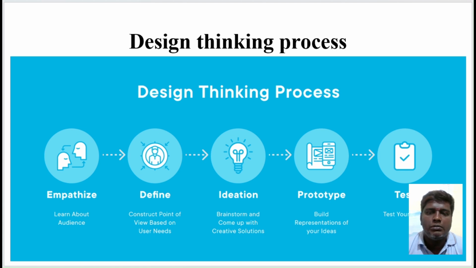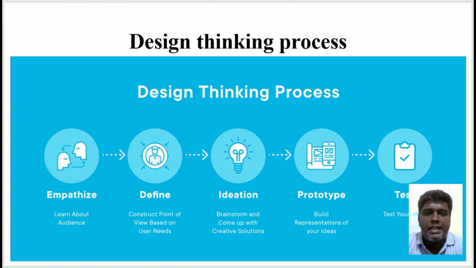You have to think about the way they feel and what their pain points are. You have to understand it, and then you have to define. That is, you have to construct based upon their needs, refine and construct. So this is the exact problem, this is what they need exactly. Those things have to be identified.